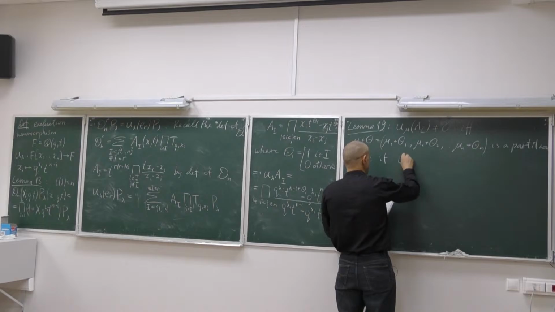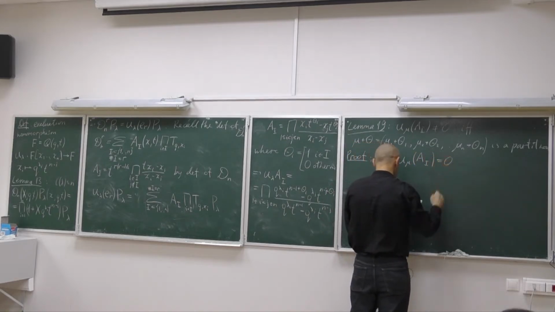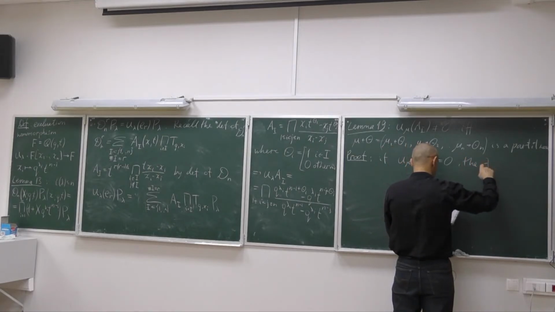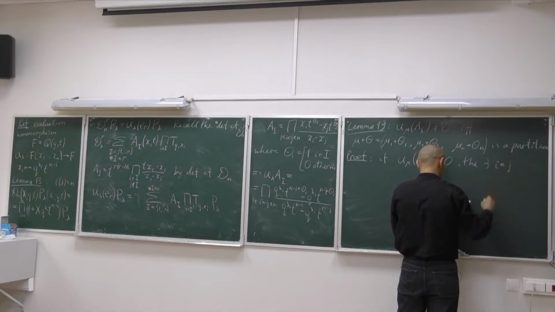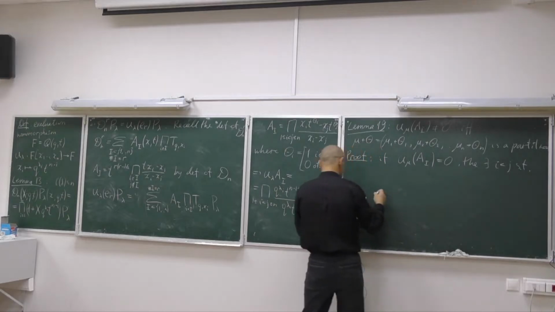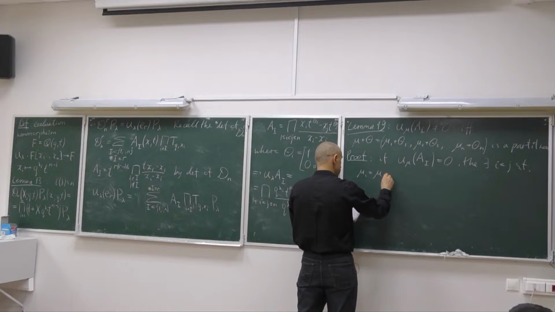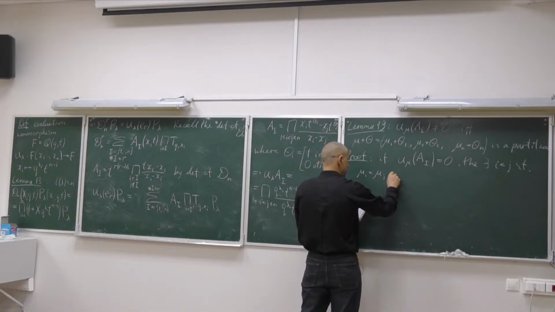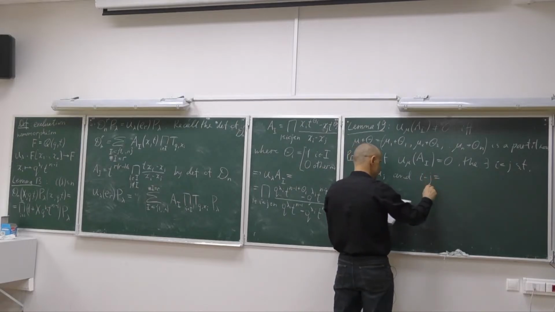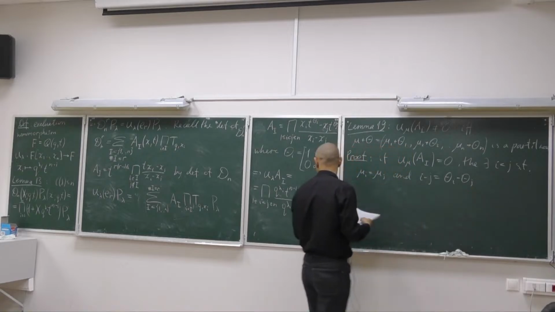So if the evaluation is 0, then there is a pair i less than j, such that mu i equals mu j, and i minus j is theta i minus theta j.